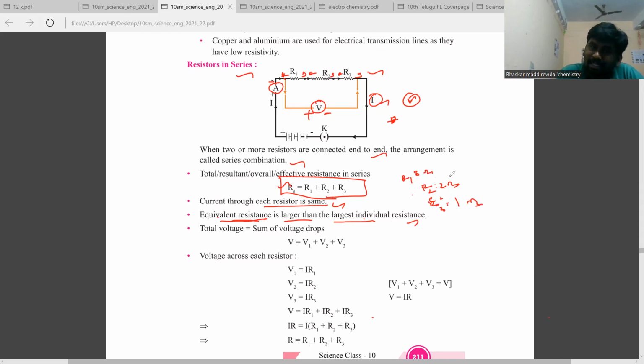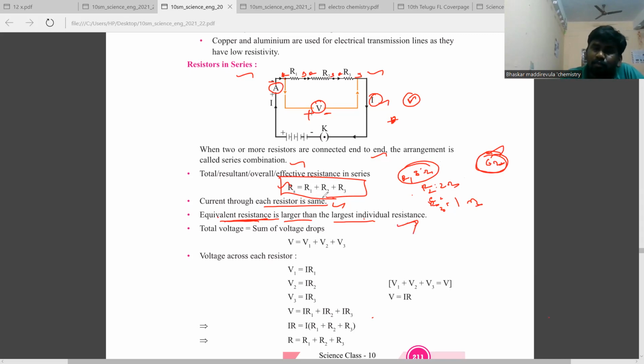The resultant resistance equals 6 ohms, just add them up. The resultant resistance, 6, is always greater than the largest individual resistance among the three. The equivalent resistance is always greater. Next is the point you have to remember.